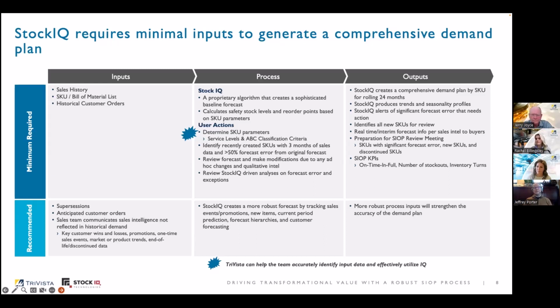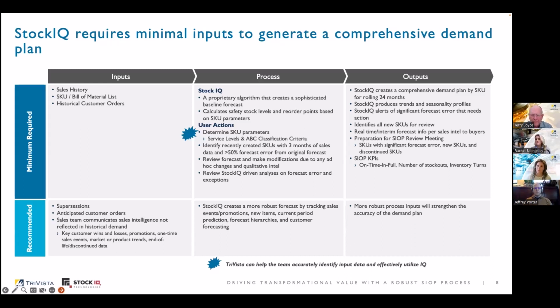Maybe in another entity, it might be product marketing management, it might be the marketing team, people doing promotions. So as we begin evaluating additional information, the SIOP process brings other parties together to discuss these inputs to better inform how the overall forecast looks and our anticipated demand plan moving forward.